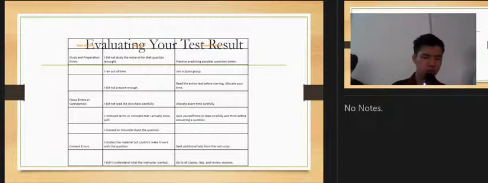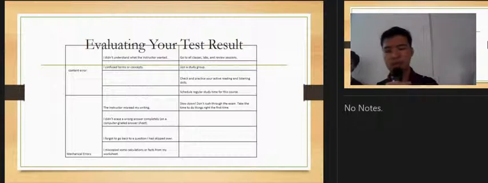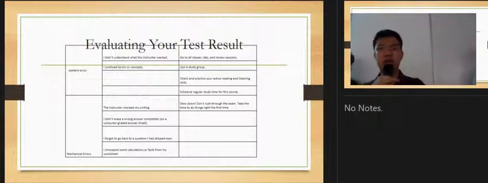But when you receive your test back, you have to evaluate your test result. This is an example for you to improve. This table is too much, so I can give you the PPT later if you want.